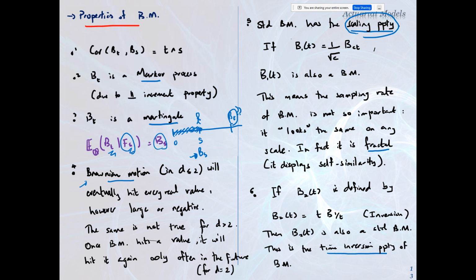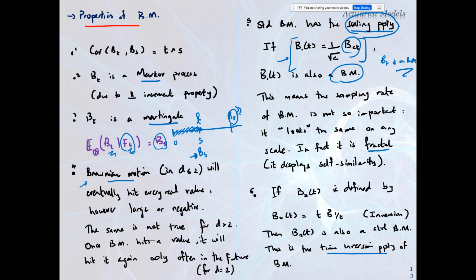It says that when I define a process like this, where BT is a Brownian motion, we can say that this specification, B of CT scaled, is also a Brownian motion. We can check this.